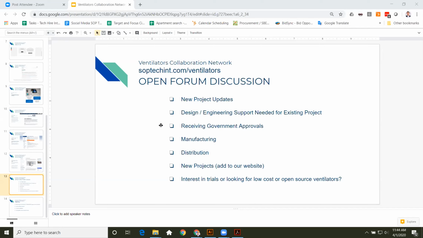So what have you heard so far about the interest from governments regarding these open source projects for these emergency ventilators? Because I know that there's a lot of activity, a lot of people trying to create them. I'd like to speak to this from the United States point of view.